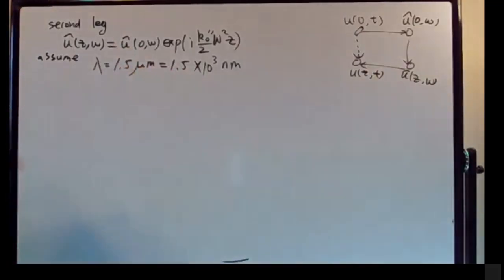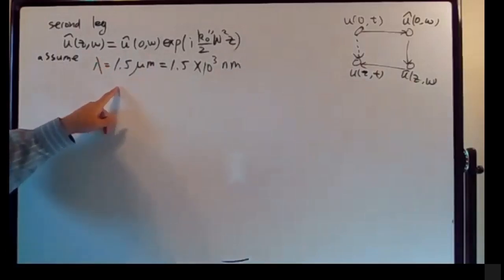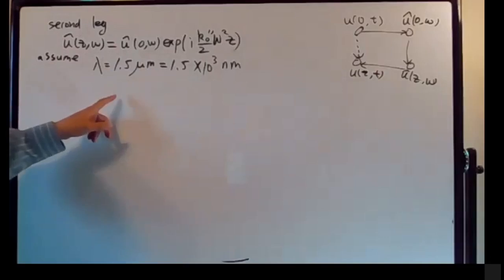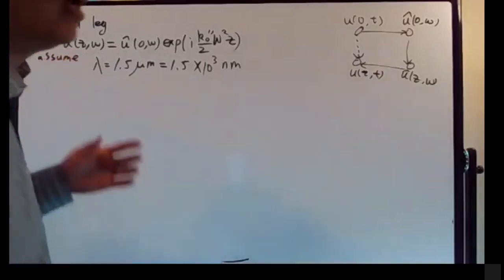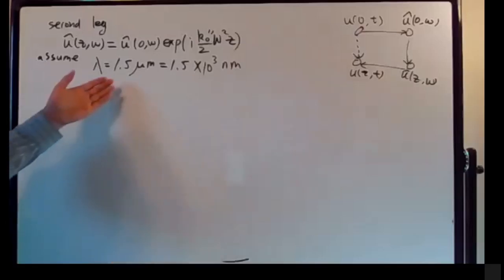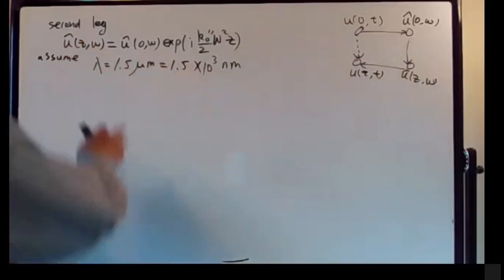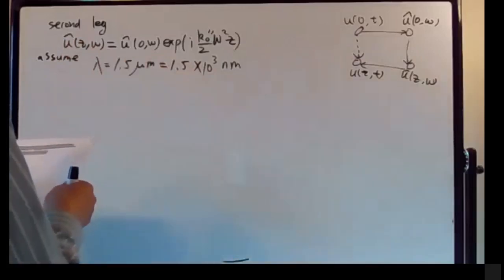It's because in silicon dioxide glass, it has the lowest loss at 1.5 micron. So all this telecom laser will operate near this 1.5 micron.